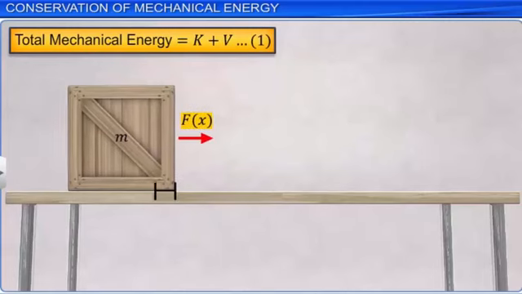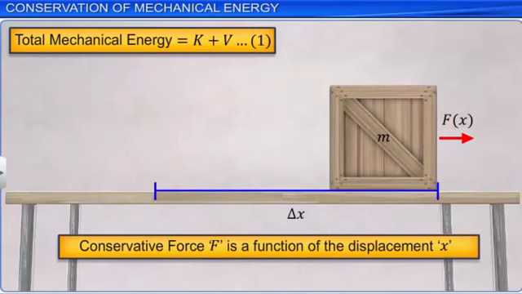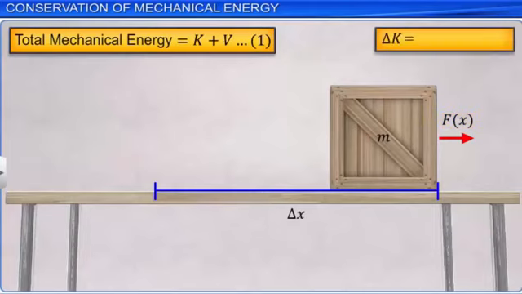If a body is displaced due to a conservative force F, which is a function of displacement x, then from the work-energy theorem, the gain in kinetic energy is related to the work done by such a conservative force F(x) and is denoted by the equation delta K = F(x) delta x. Let this be equation 2.